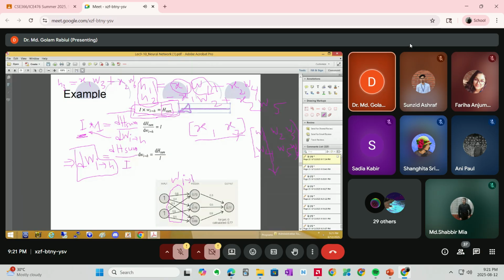We have to find the rate of change, and how do we calculate that? Delta hidden sum divided by I.